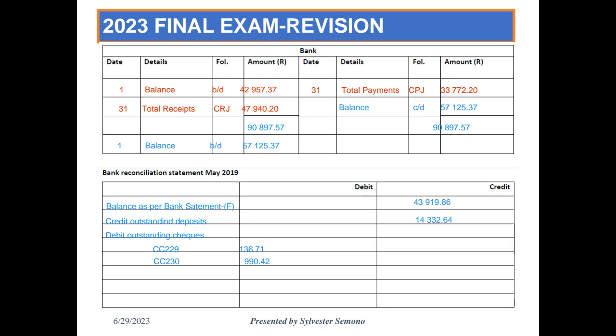Thank you. System is a bit slow now. I know this time Wi-Fi is trying its luck. 5125.37. And then now we just have to total them and check if they balance or not.